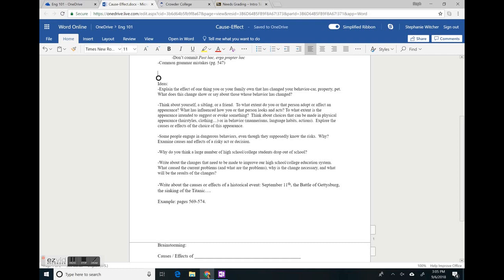All right, the second option, think about yourself, a sibling, a friend. The question here is really, what are the causes or effects of someone's appearance? What influences us and the way we look and the way we act? So either what causes us to look and act the way we do, or someone else, or what are the effects of that?